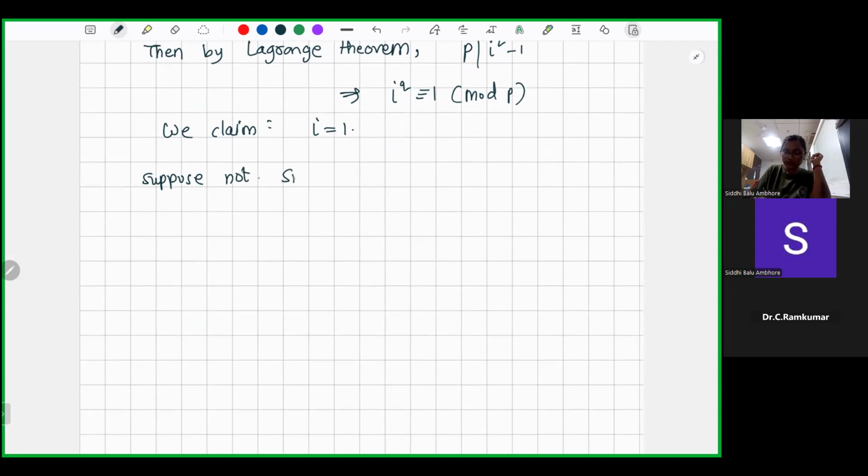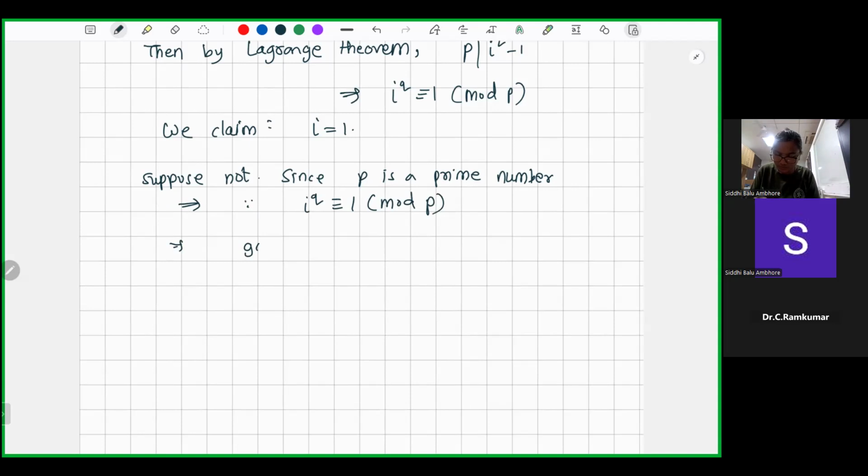Since p is a prime number, and since i power q is congruent to 1 mod p, this implies that GCD of i and p is 1.